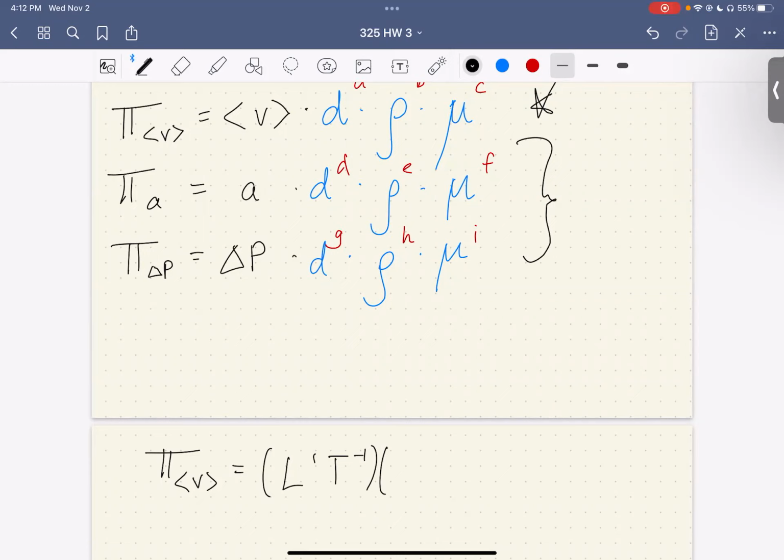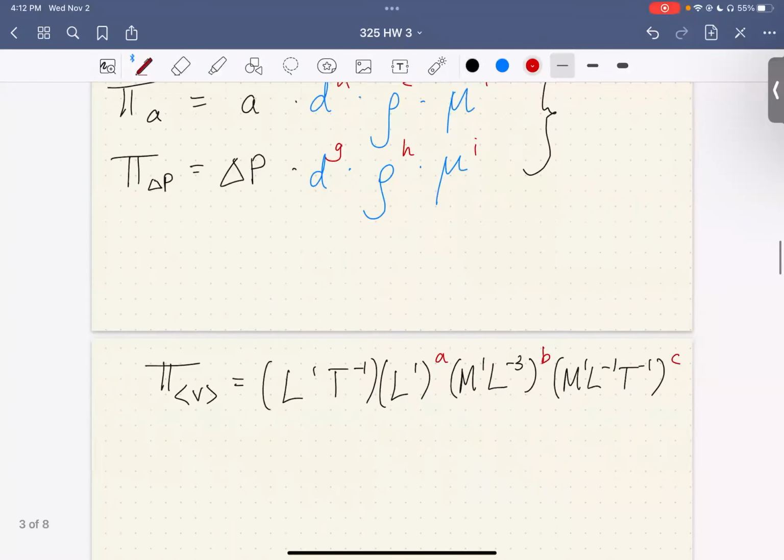Well, we have L, which is for D, L to the 1, and that is to the A power. Then for rho, we have M to the 1, L to the -3, that's to the B power. And then we have M to the 1, L to the -1, T to the -1, and that is to the C power.